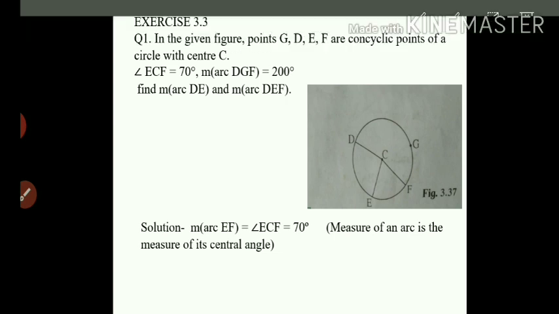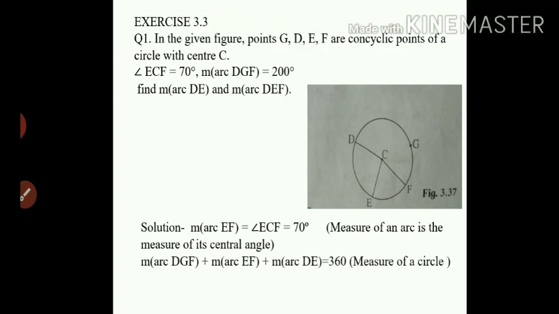Now measure of arc DGF, which is given 200, plus arc EF, which we got as 70, plus arc DE, all these arcs total will be 360 since it is the measure of a circle. So when you substitute the values, 200 plus 70 plus DE equals 360. So 200 plus 70 is 270. That means measure of arc DE will be 360 minus 270, that is 90 degrees.